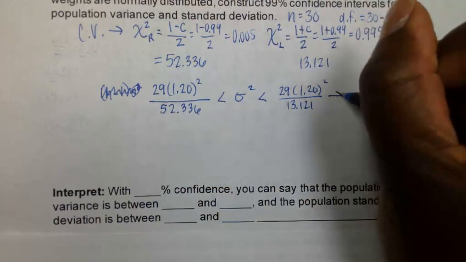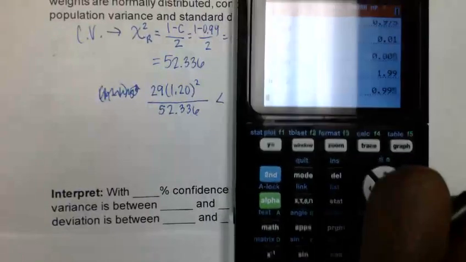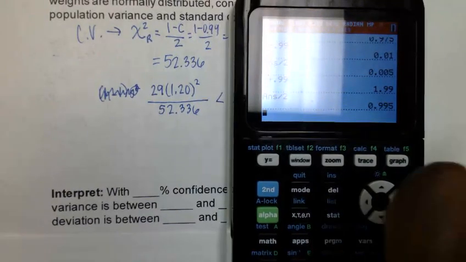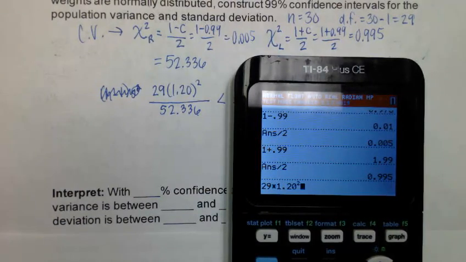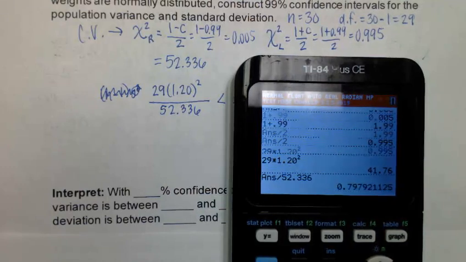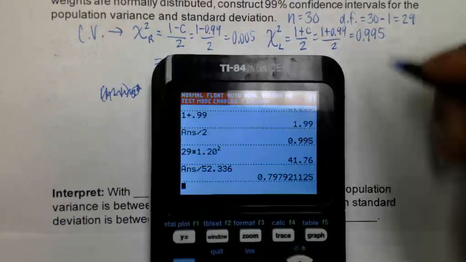Okay, and that gives us, to two decimal places, 0.80 and 3.18.